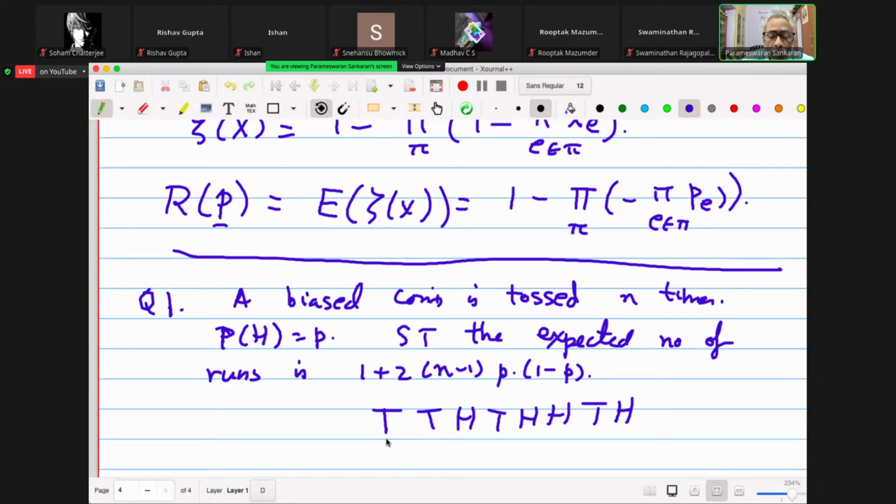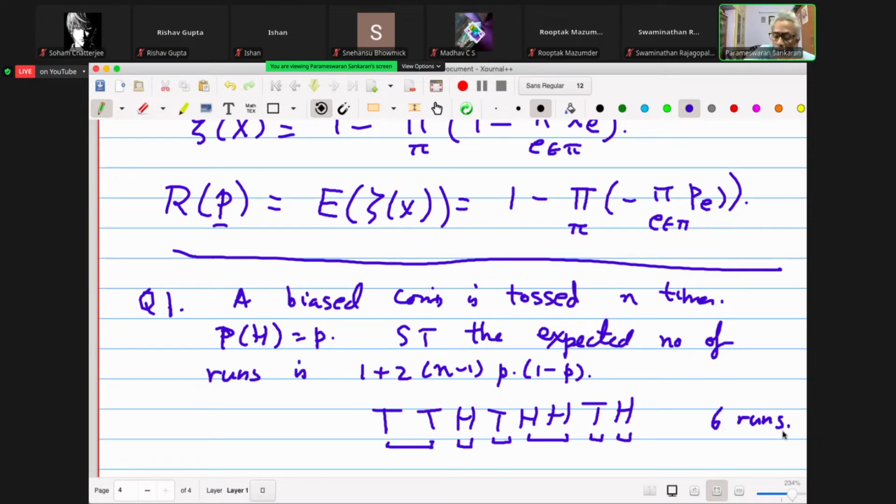What is a run? A maximal constant subsequence, this is a way to think of it. TT, that is one run. H by itself is another run. And then again T, a single run. And then HH, and then T and H. Okay, so 1, 2, 3, 4, 5, 6. There are 6 runs.